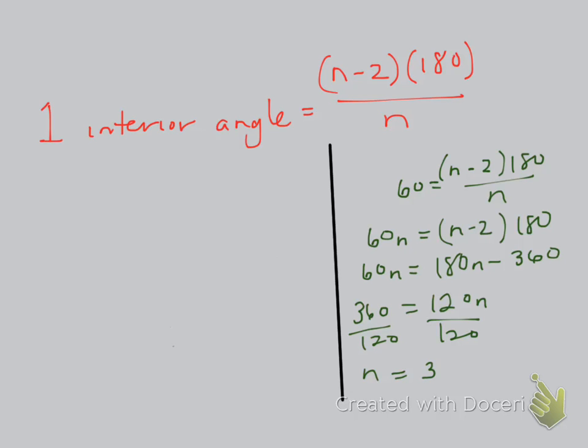So, what you can do to make this a little bit easier is to modify this particular formula to where you're going to end up doing 180 degrees minus the interior angle equals the exterior angle.